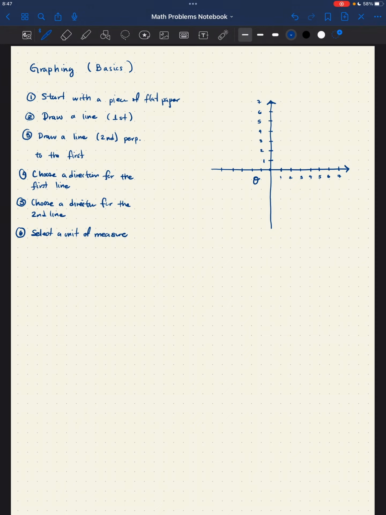Okay. So what is it that we're doing here? Let's represent it. We select the unit of measure. Think of this as a ruler.